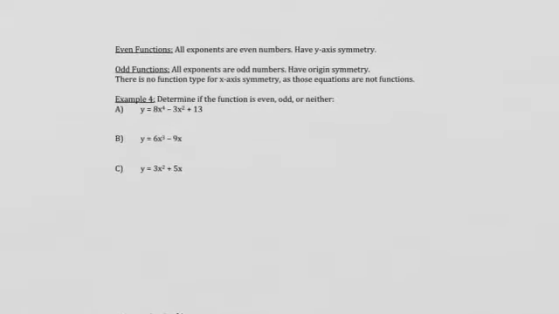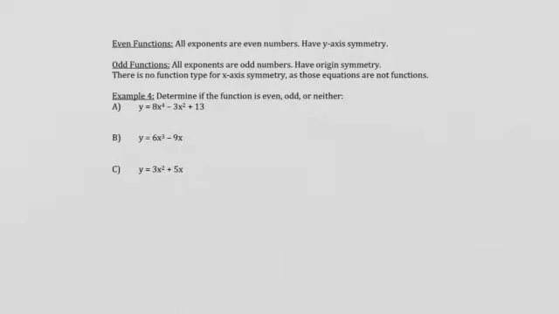Alright, now even function and odd function. Please pay attention to what is an even function and what is an odd function. An even function, all exponents are even numbers, has y-axis symmetry. An odd function, all exponents are odd numbers, has origin symmetry.